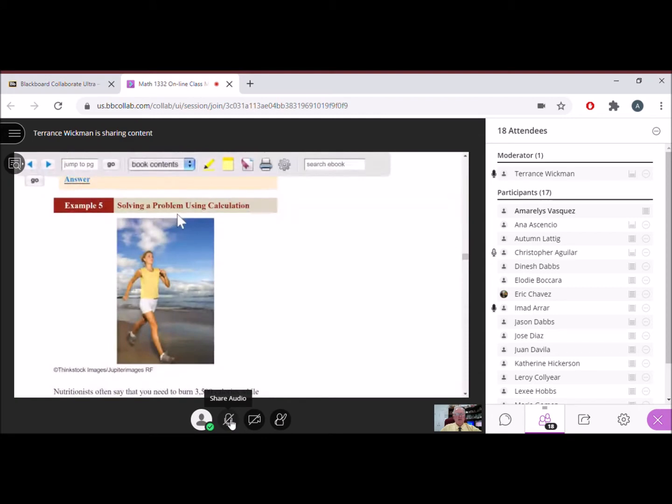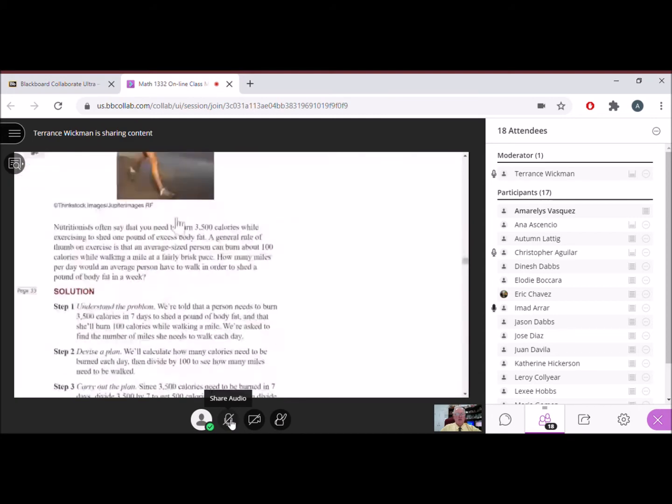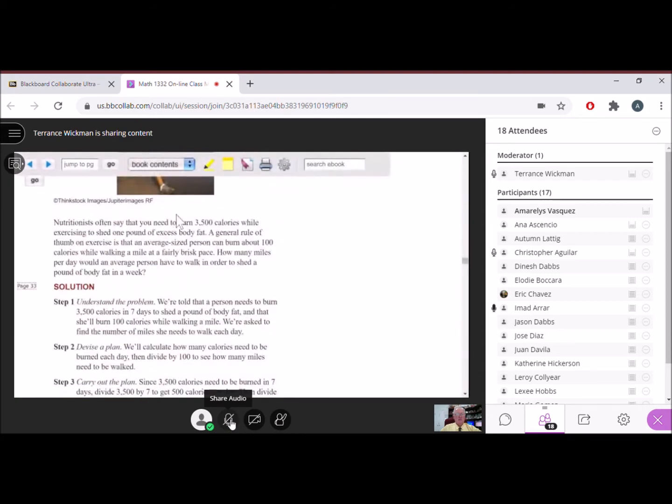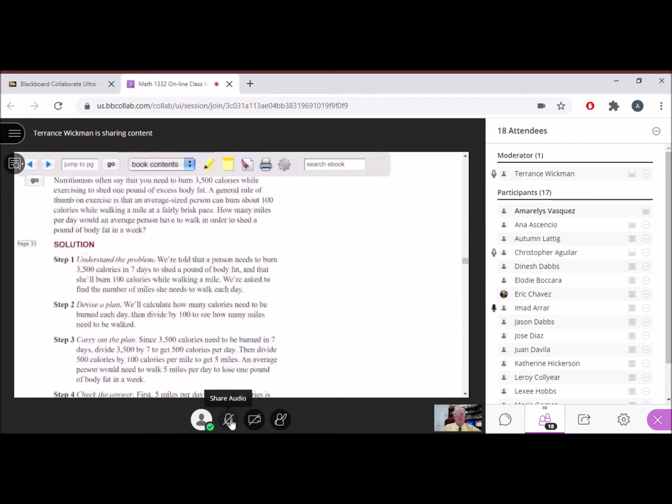Now, solving the problem using calculations. This is a calorie problem. This person needs to burn 3,500 calories in 7 days. They don't want to shed body fat, and so on. We calculate how many calories we need to burn each day, then divide by 100 to see how many miles need to be walked.